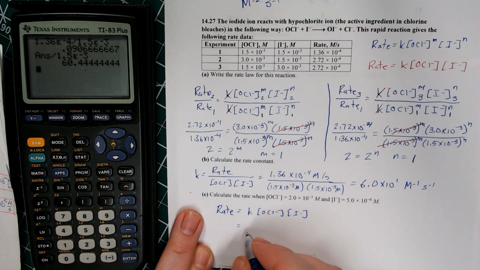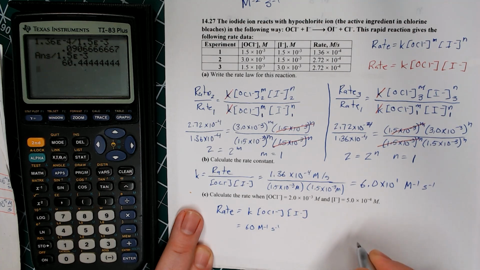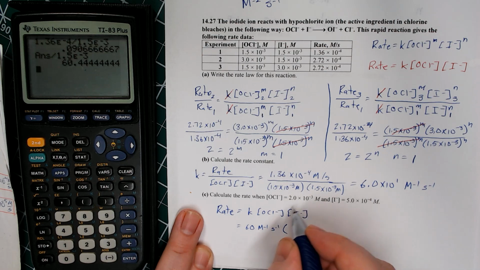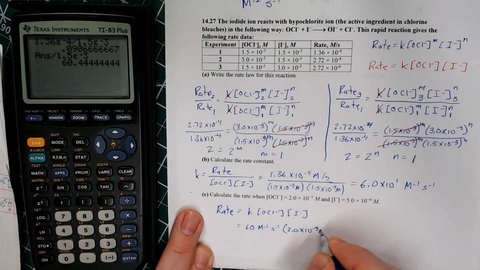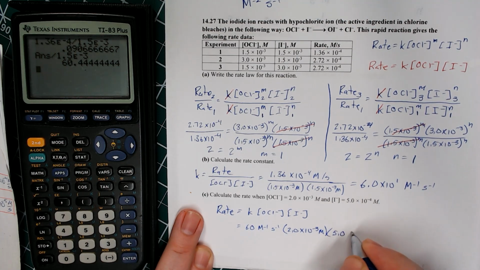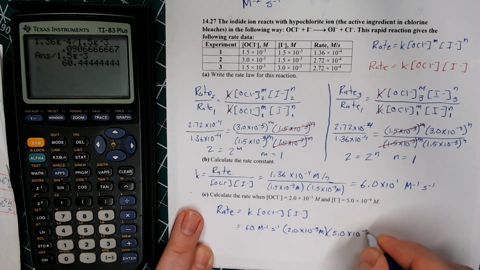So our rate constant is 60. And again, I'm going to put the units in, molar to the minus 1, seconds to the minus 1. For hypochlorite, we've got 2.0 times 10 to the negative 3 molar. And for iodide, we've got 5.0 times 10 to the negative 4 molar.